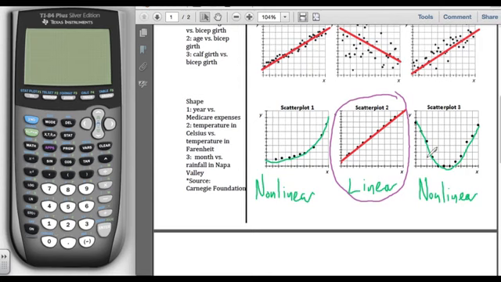Just to go through the variables quickly, Scatterplot 1 is the year compared to Medicare expenses. That has gone up, but not in a linear pattern. Scatterplot 2, the linear scatterplot, that's temperature in Celsius versus temperature in Fahrenheit. There's a direct relationship there. And then Scatterplot 3 was the month versus rainfall in Napa Valley.